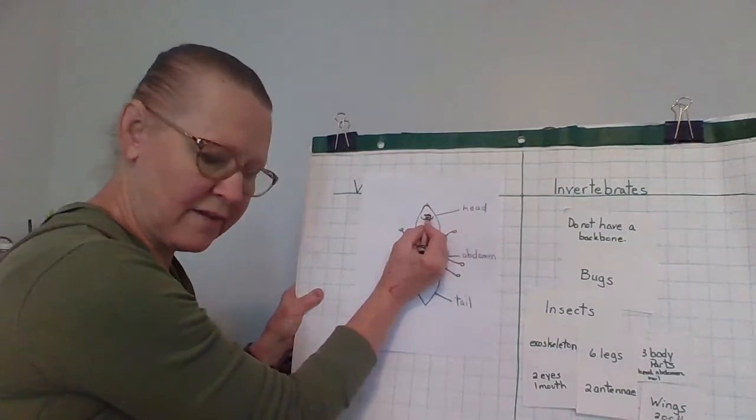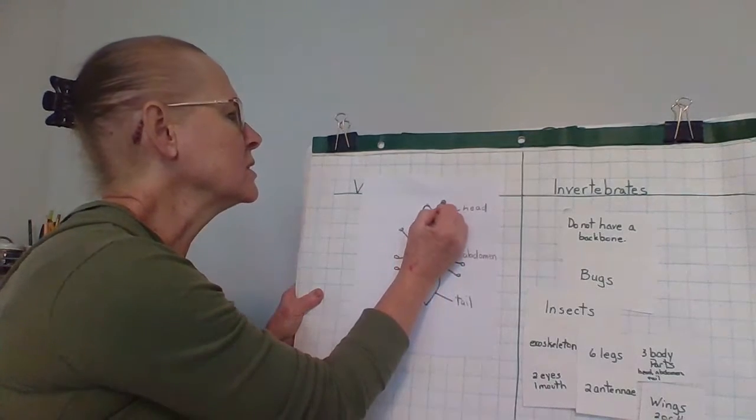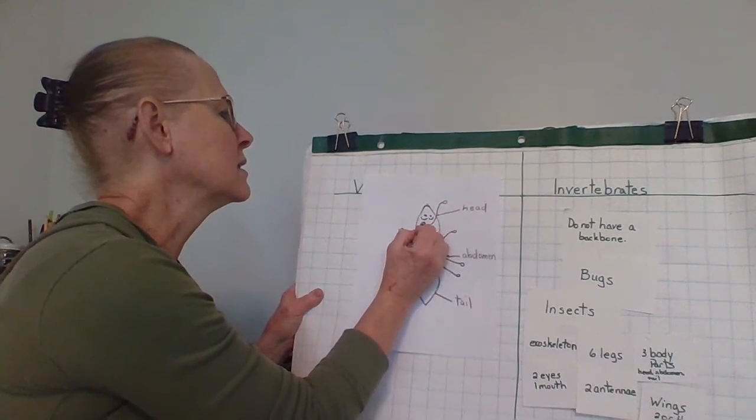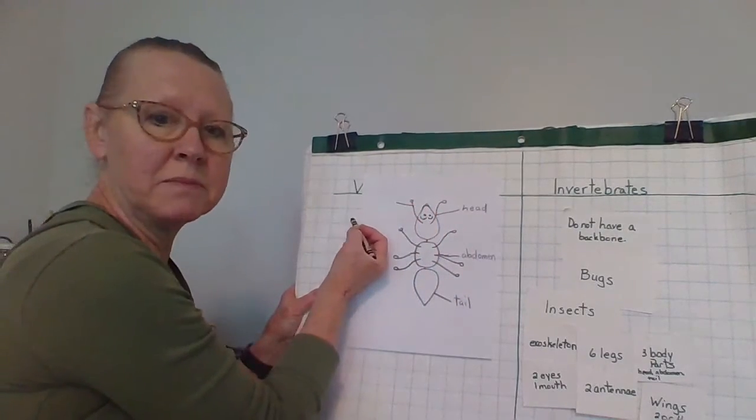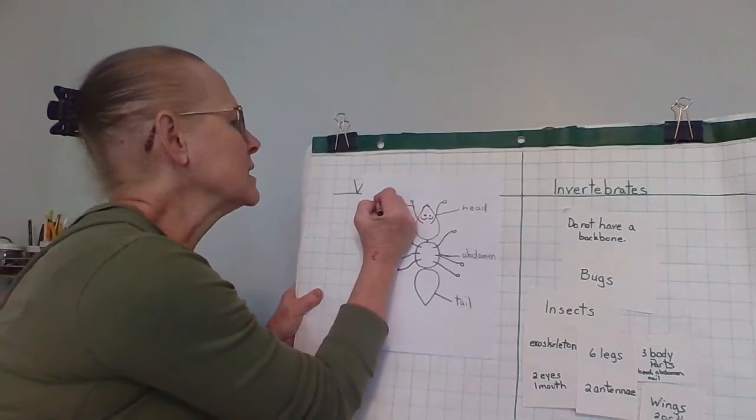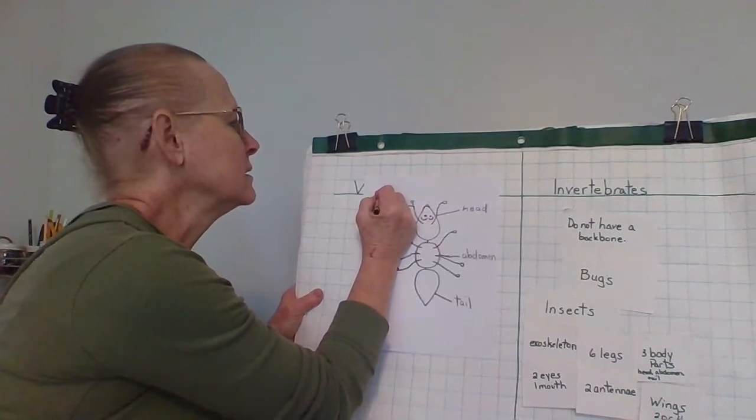Now we said that they have antennas. So let's draw his little antennas. All right, now I'm going to identify them. Draw a little line. This is his antenna.